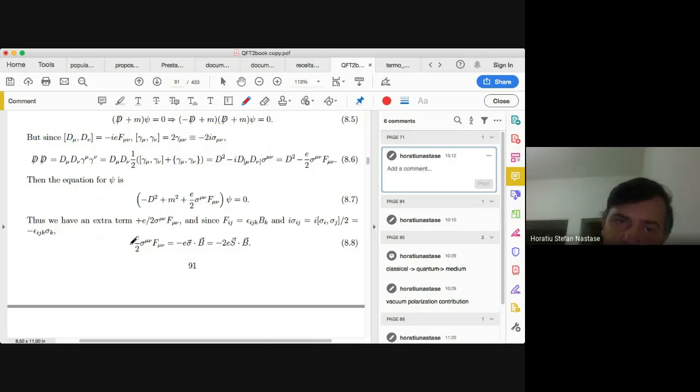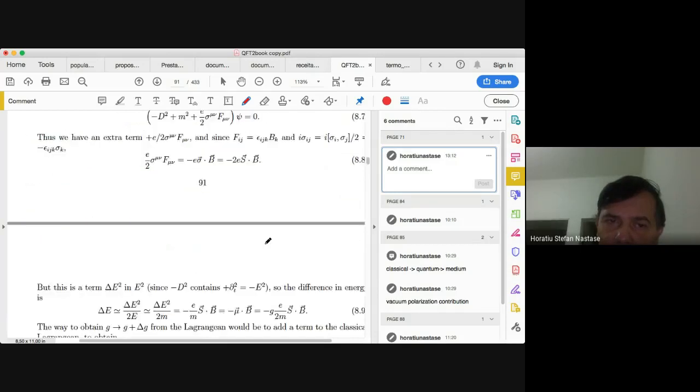So the product of these two things is just minus i sigma vector, now meaning the Pauli matrices, dot the magnetic field B. And then sigma vector is 2 times the spin of an electron. So this is minus 2i S dot B.